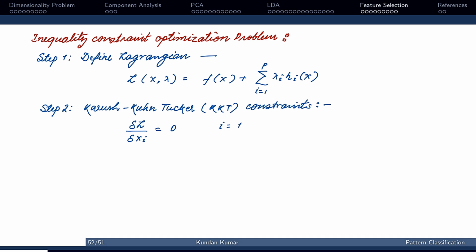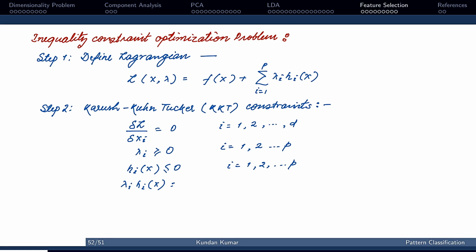Here we have d number of equality constraints because we have d number of x variables, that is x1, x2 up to xd, and lambda i, that is the Lagrangian coefficients, are greater than or equal to 0 for all values of i, and the function hi(x) is less than or equal to 0 for all i, and the Lagrangian multiplier into the function, that is the inequality constraint, so lambda i hi(x) is equal to 0, i equal to 1, 2, up to p.